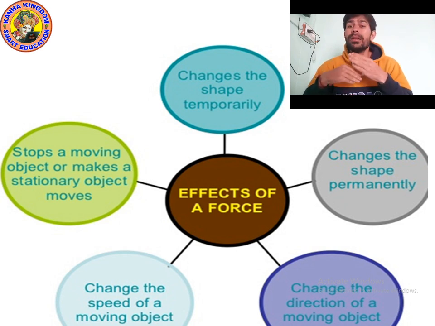But if you stop pedaling, then what will happen? The speed will slow down and at last become zero. The cycle will stop. So by applying force, you can change the speed.